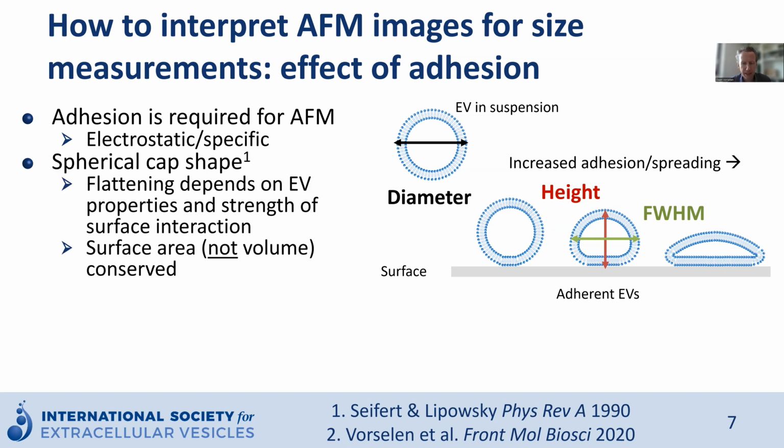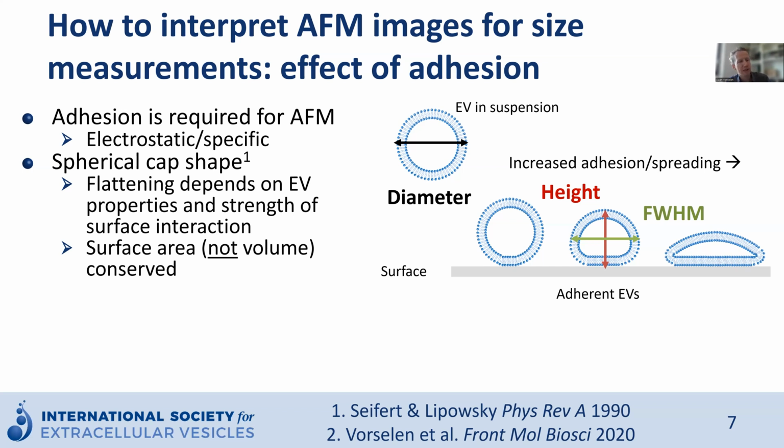So to accurately measure the vesicle size, we now need to measure at least two parameters, such as the height and the width of the adherent vesicles. So neither of these measures directly corresponds to the radius of the vesicle in solution, but using some basic math and assuming surface area, not volume conservation, we can then calculate back the original vesicle size in solution.